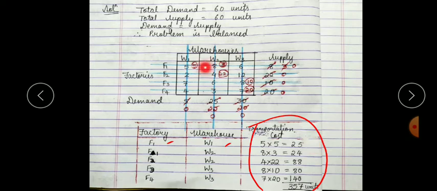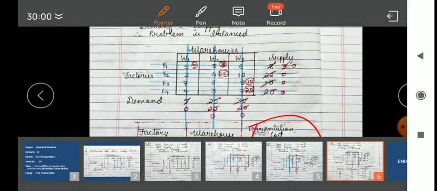The next allocation is here, that is f1 to w2. So f1 to w2, that is 8 into 3. You can see 8 into 3. Okay, so 8 3s are 24. The next one is this, that is f2 to w2.